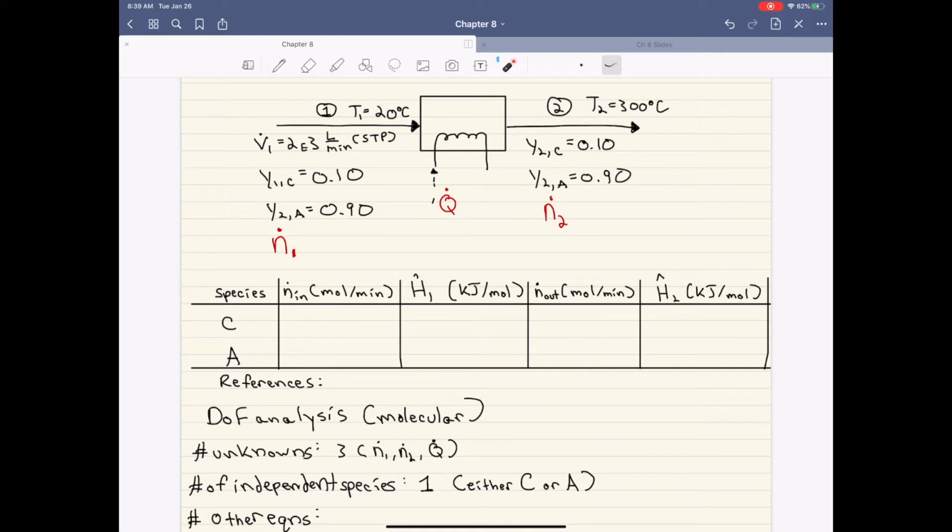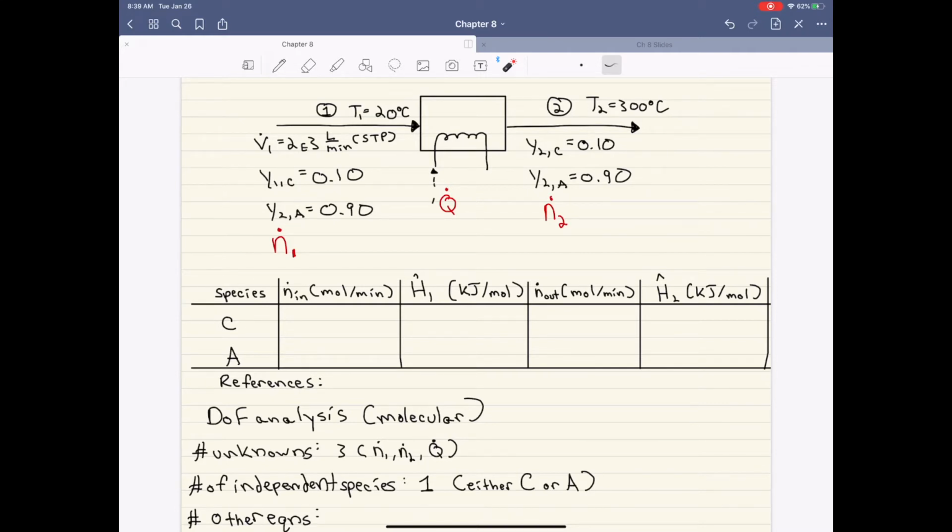The ratio of the methane to the air is the same in both the inlet and the outlet stream, right? So that ratio doesn't really change.